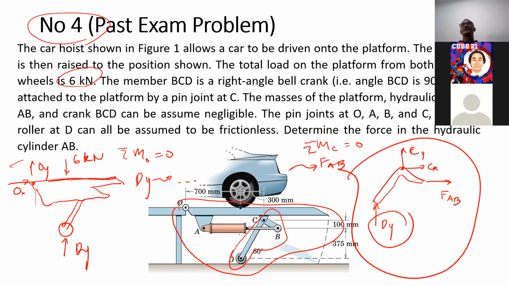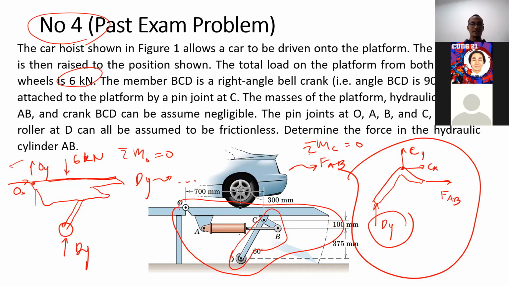Not necessarily do you always have to use all the non-two force members. Sometimes we can solve it just by using one or two non-two force member free body diagrams, or sometimes we can use the whole free body diagram to solve for the unknowns that we need.